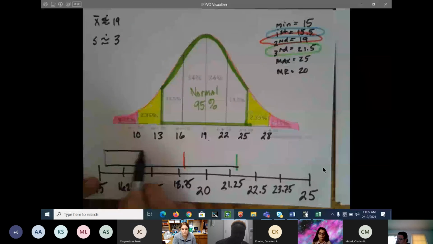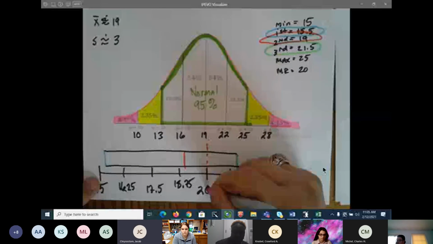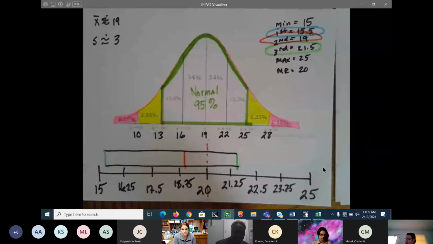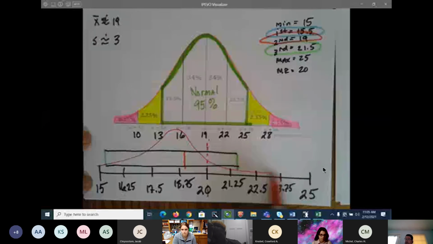Again, you can put the box on the number line or you can put it above the number line. And where is the middle? Where is center? There's the center. So somebody tell me what they think the data actually looks like. Is it skewed left? Is it skewed right? Or is it normal? Well, it looks like to me, it's what?